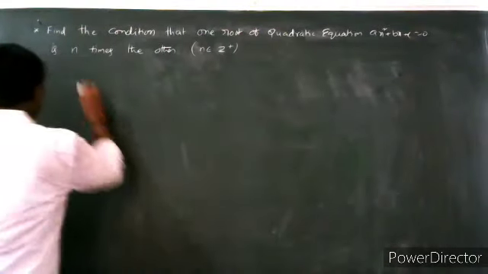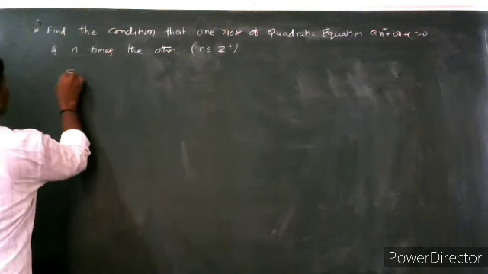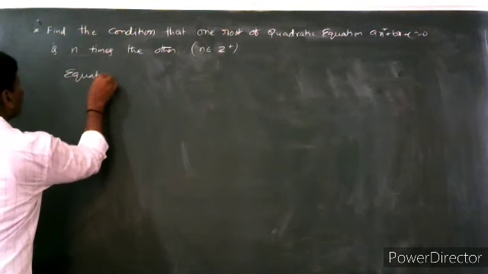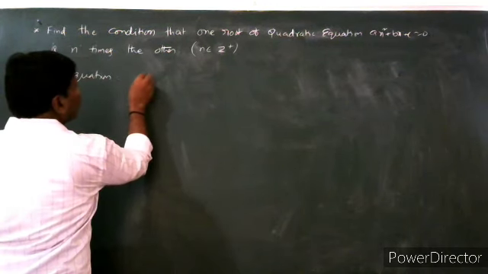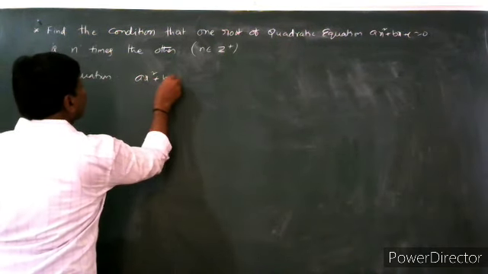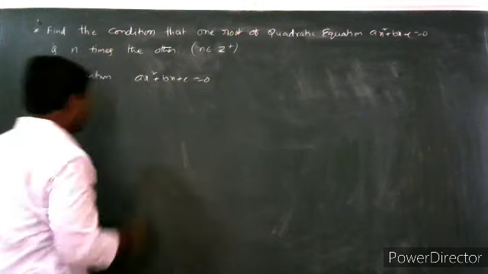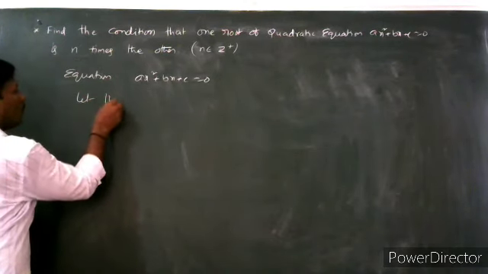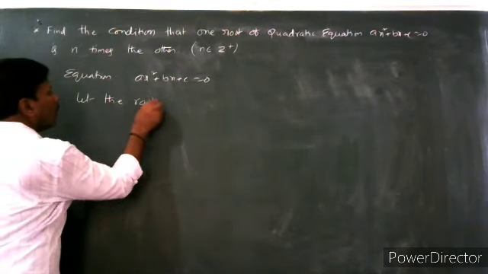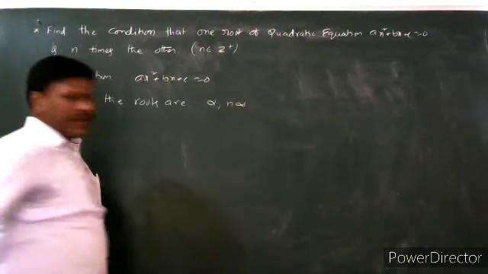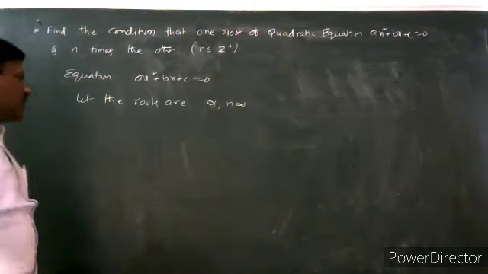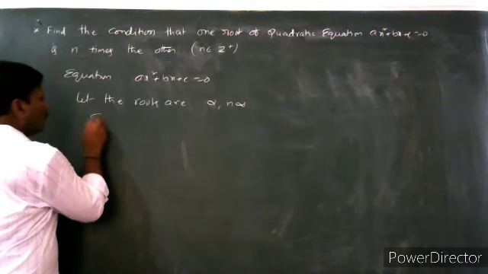Here the equation is ax² + bx + c = 0. Let the roots be alpha, n alpha, because one root is n times the other.